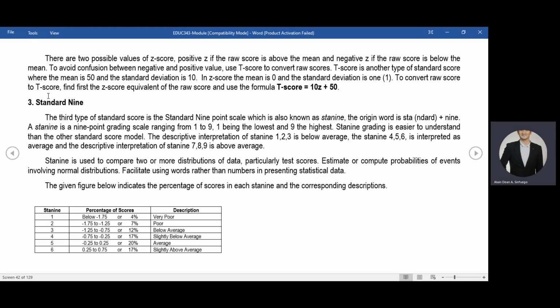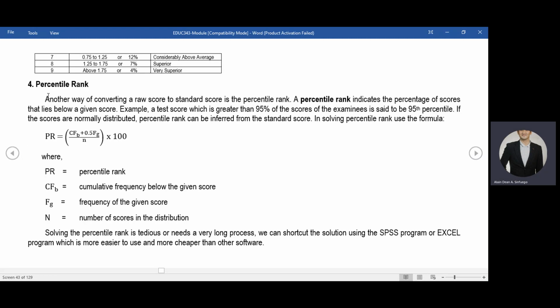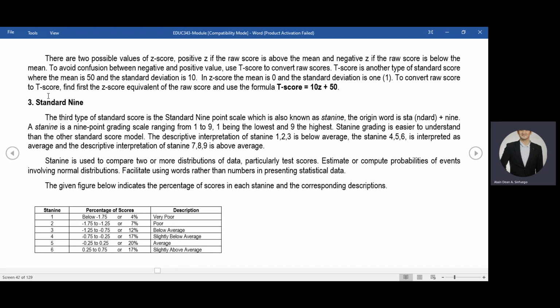Okay, here's an example or an illustration of the stanine table. We have stanine 1, 2, 3, 4, 5, 6, 7, 8, 9. Percentage of scores below negative 1.75 or 4%. Description of that one: very poor.